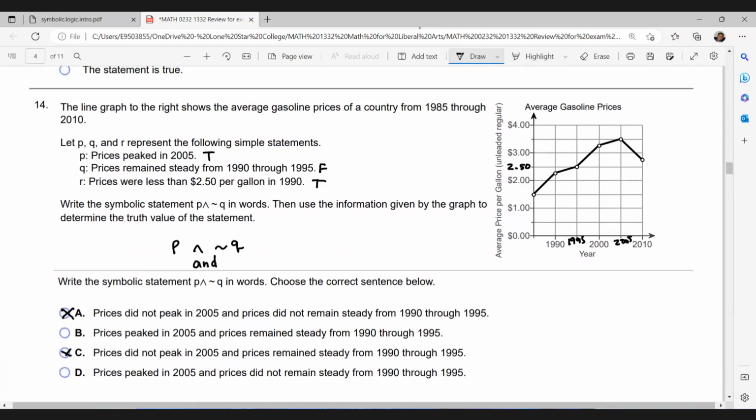And prices did not remain steady from 1990 to 1995. I don't see a not in B, so I am ruling out B. I'm going with D. Prices peaked in 2005 and prices did not, that would be did not Q there.